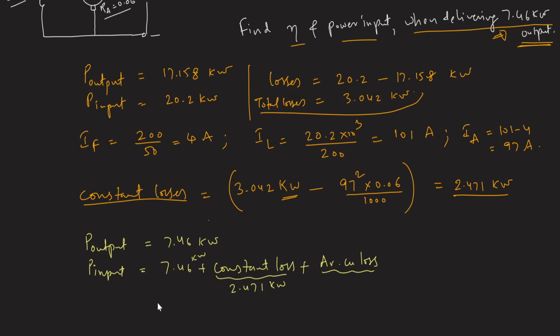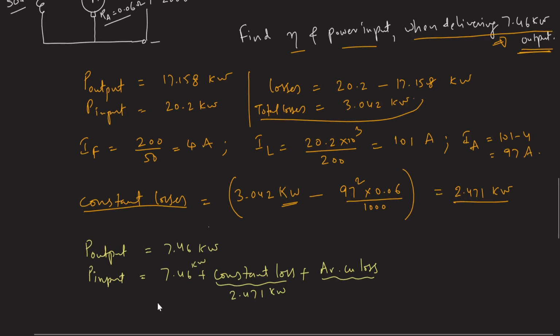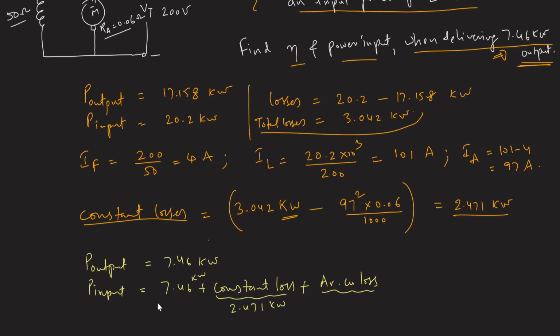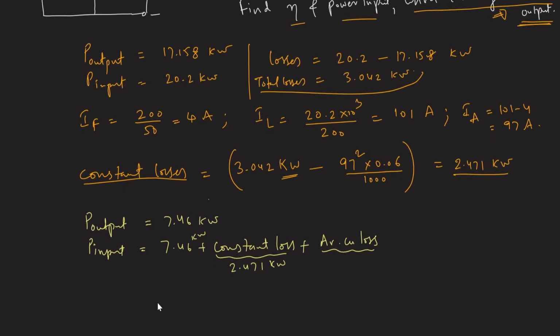Let us assume that the armature current at this operating condition be Ia, and if I add to this the 4 amps of shunt current, I will be getting the line current. Is that true?